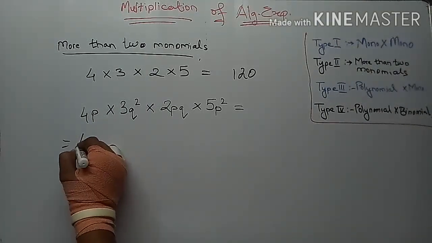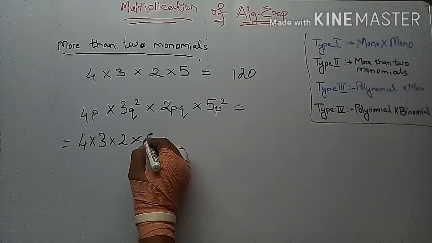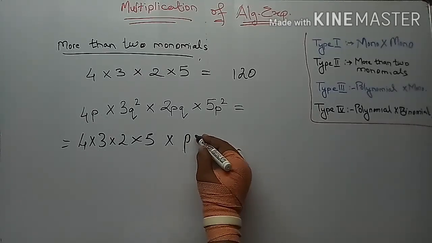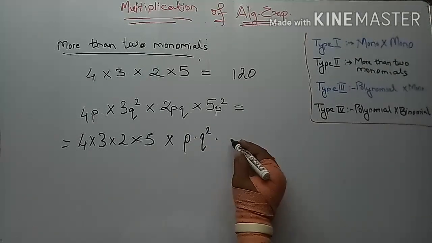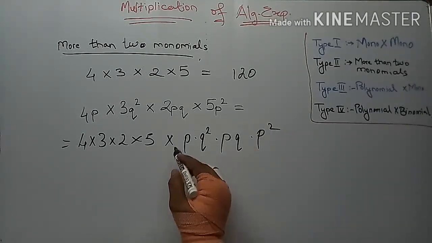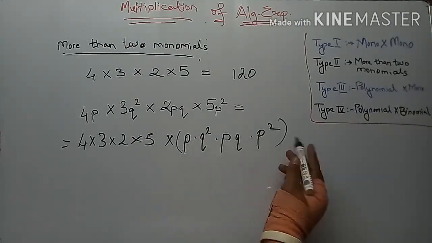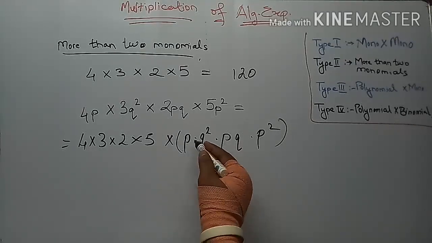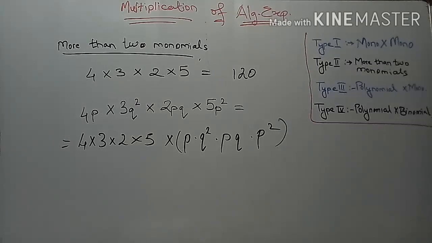So we'll have 4 into 3 into 2 into 5 multiplied by p multiplied by q square multiplied by pq multiplied by p square. These dots are nothing but multiplications. I am not writing a cross in between the coefficients because it may be misunderstood as x. So this dot also resembles the multiplication symbol.